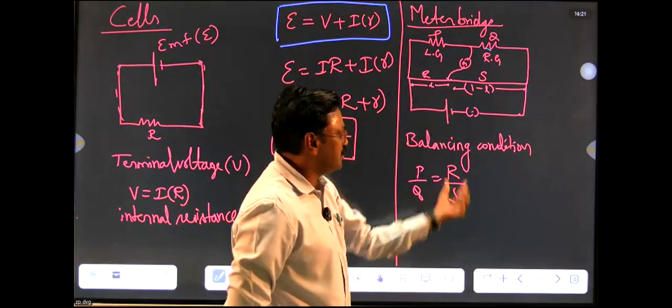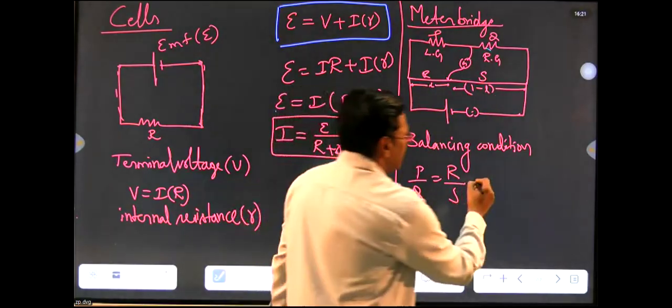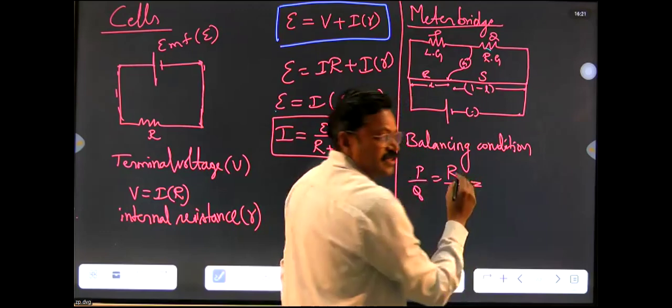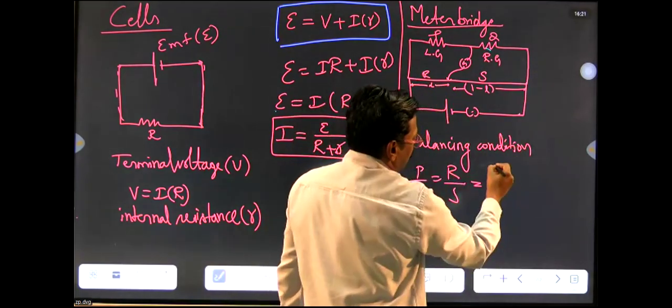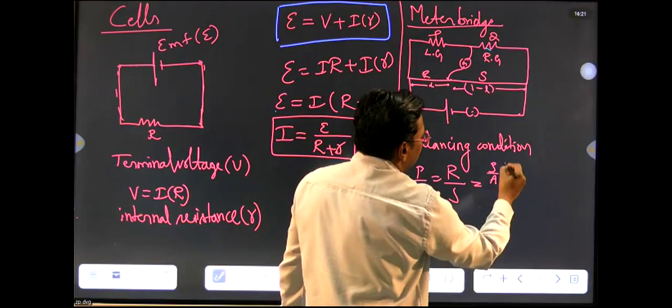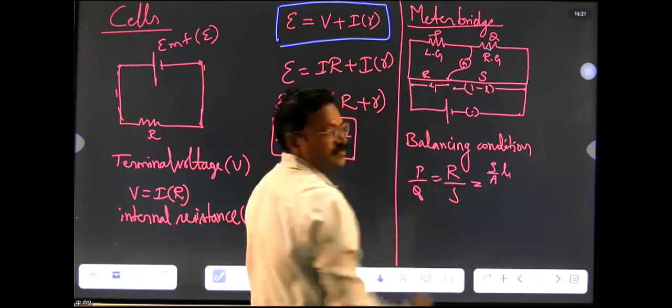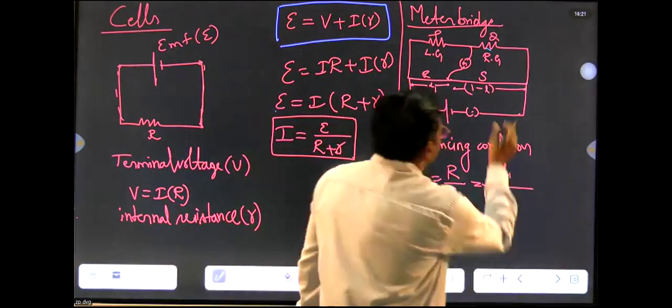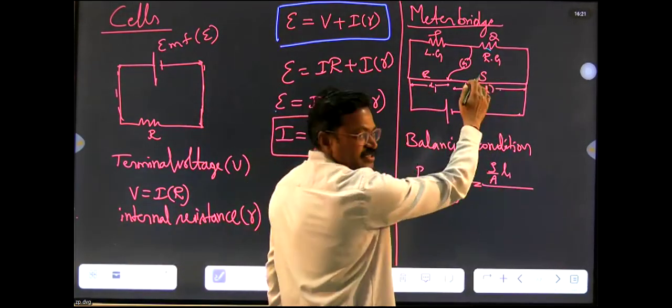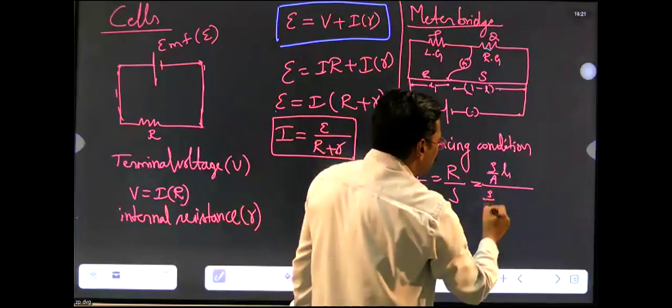Let's write this resistance in terms of lengths. Resistance R is equal to rho L by A, so let's take the resistivity of this wire as rho. It is rho by A into L1, which is the balancing length, divided by the resistance of this wire, which is called S. How can we write S? Which is again rho by A, which is constant.